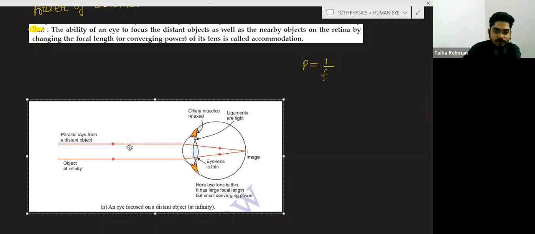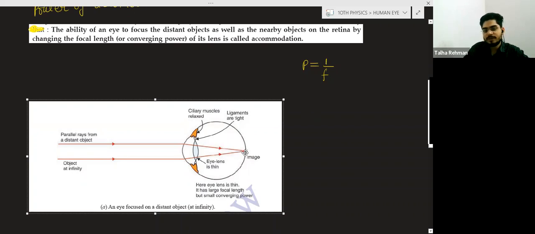Okay, so see, these light rays are coming from the far object like this, and entering the eye through the cornea, and after that entering the pupil, and after that striking on the eye lens, and this eye lens is a convex lens, so this will converge the light rays, and finally we will get the image on retina.